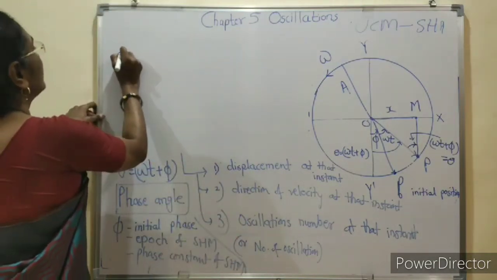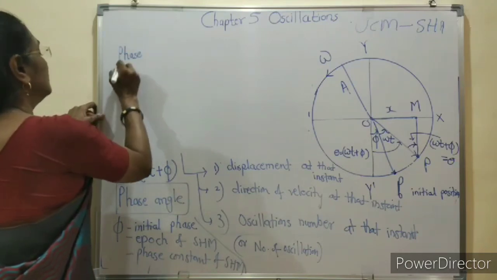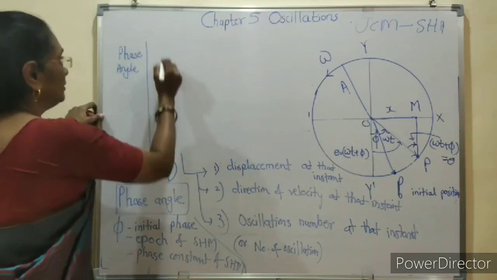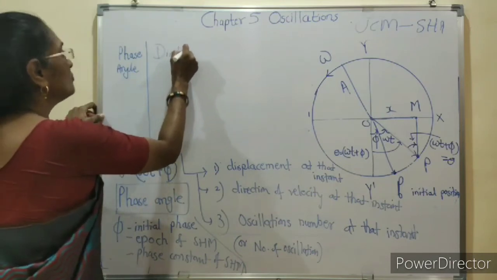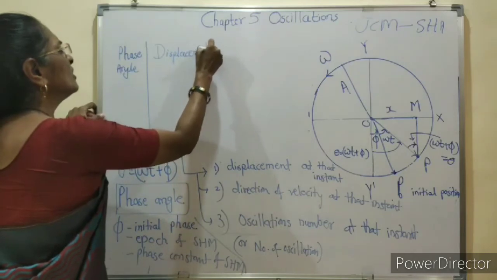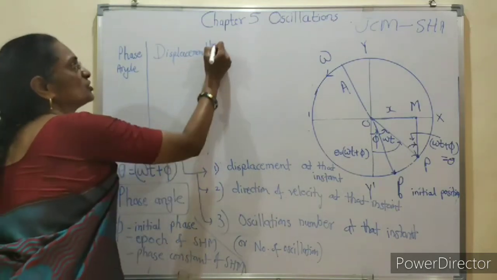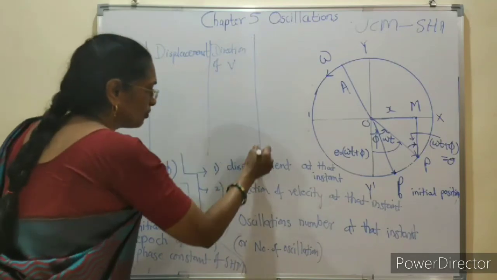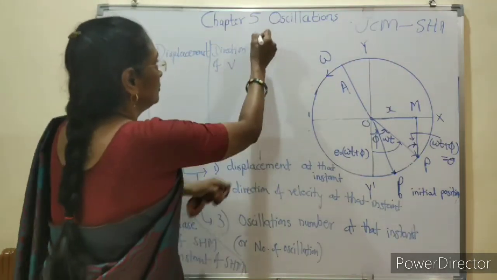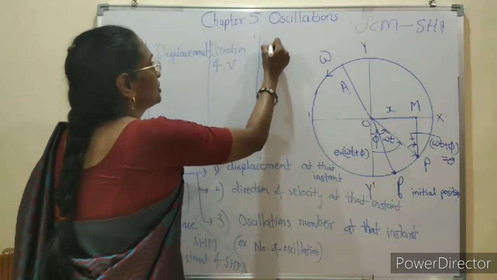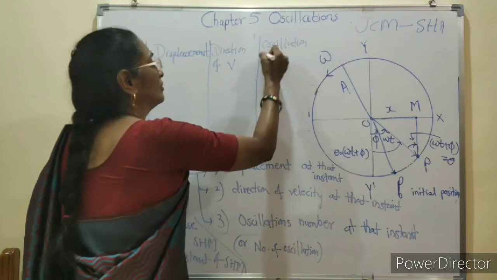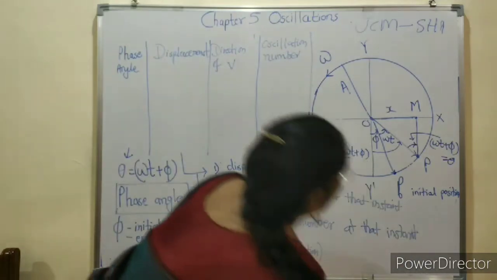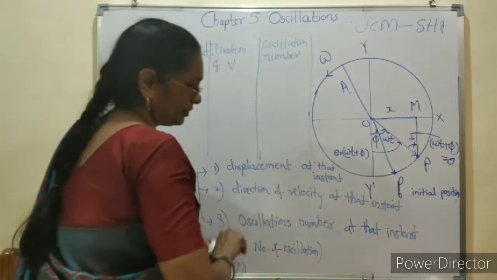For that I can take one chart here: phase angle or phase, and the first column is displacement, the second column is for direction of velocity, and the third column is for oscillation number.